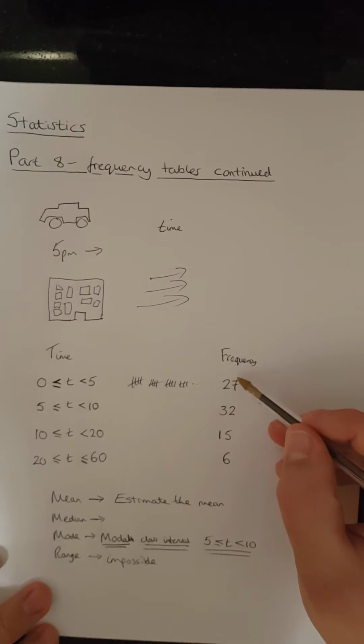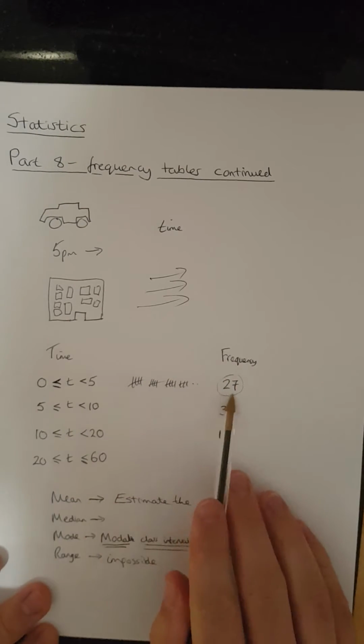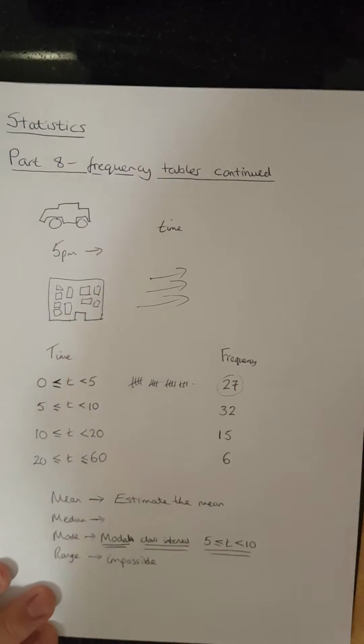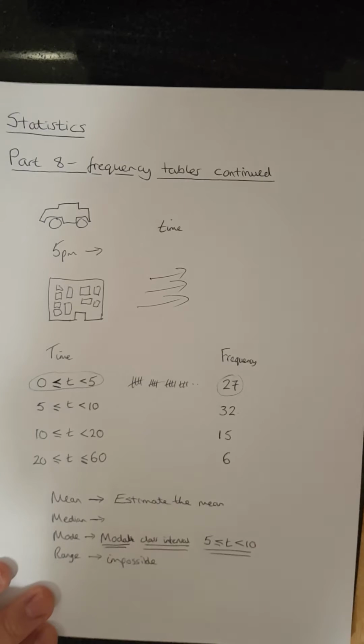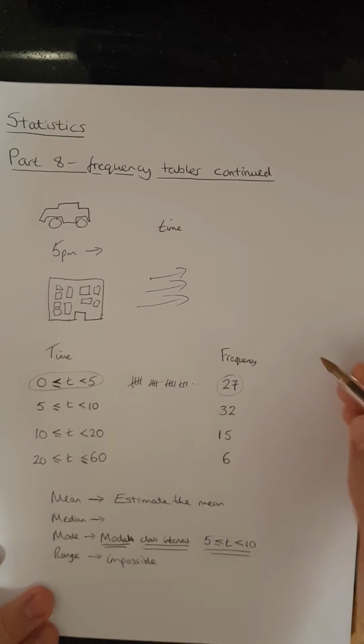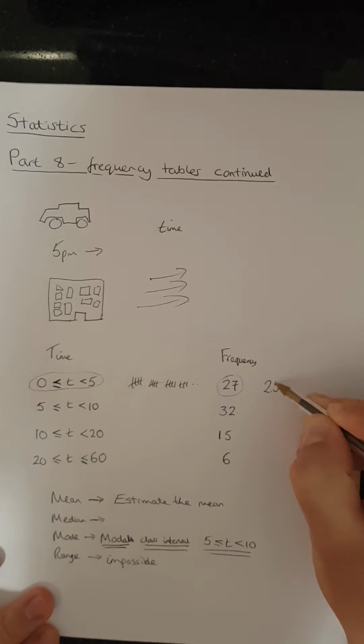If I was to try and estimate what these values here, these 27 car times were, what would be a sensible way of estimating them? They all left in this interval. Well, the sensible suggestion would be 2.5 minutes.